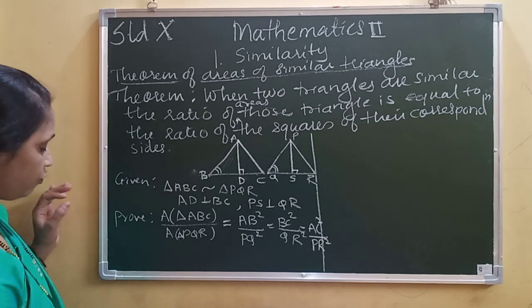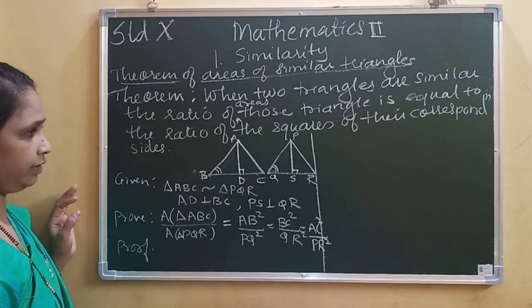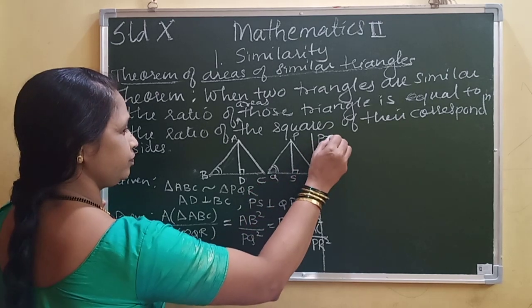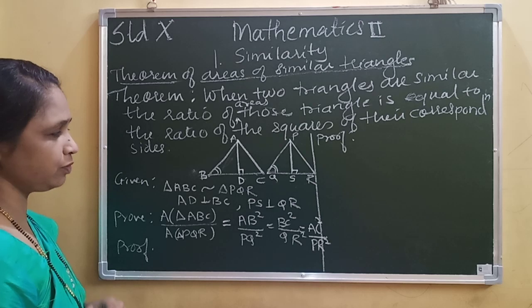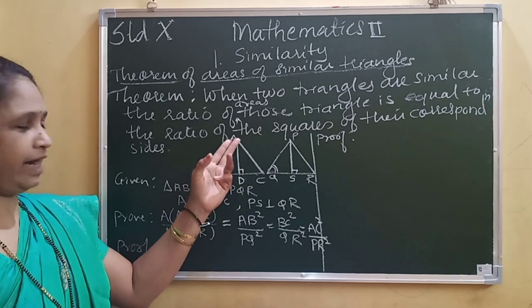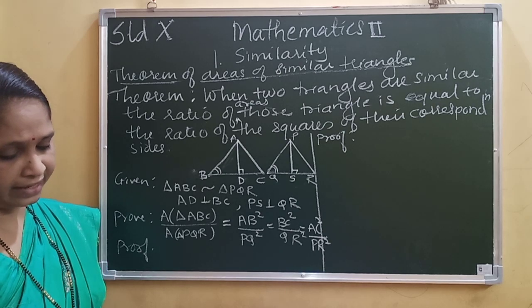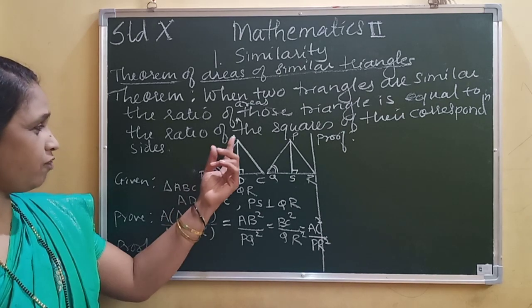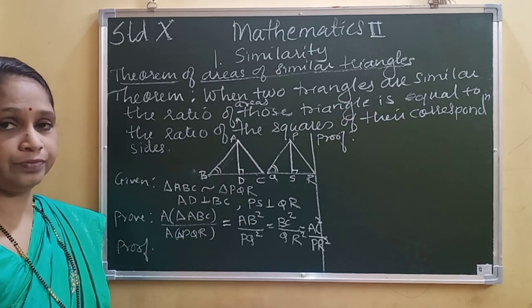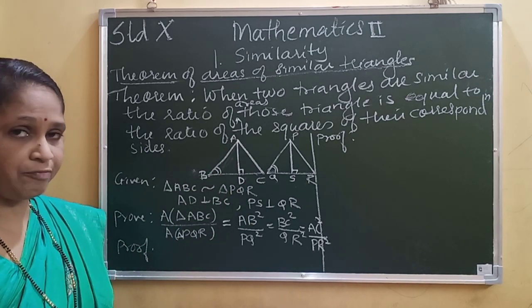So, the proof. We will take triangle ABC. In triangle ABC, the area will be half base into height.